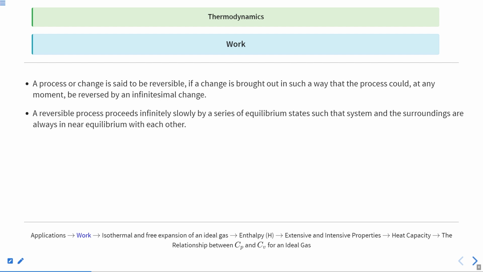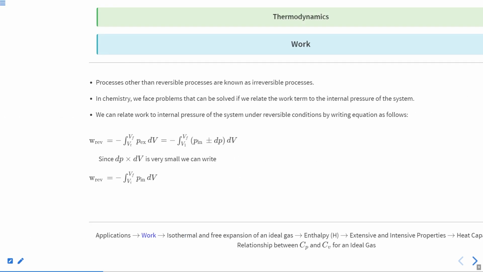In each step we are attaining equilibrium, going from one step to another. So there is a series of equilibrium steps, and the system and surroundings are almost in equilibrium with each other, because we are creating a disturbance, but that disturbance is so small that it does not disturb your equilibrium, right?